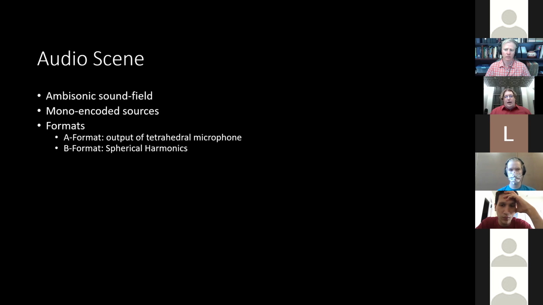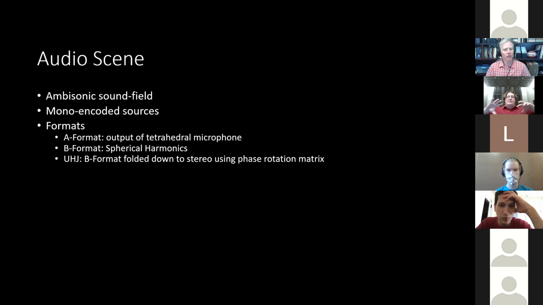There's a fun arrangement of B format called UHJ, which is actually a B format that's folded down to stereo using a phase rotation matrix. This is what Nimbus Records that I mentioned earlier does. They'll use Hilbert filters or some other 90-degree phase rotation filter to matrix the rear of the field into the front.